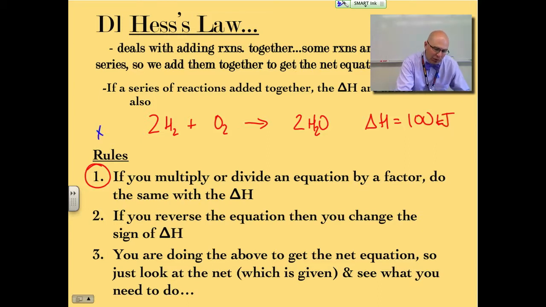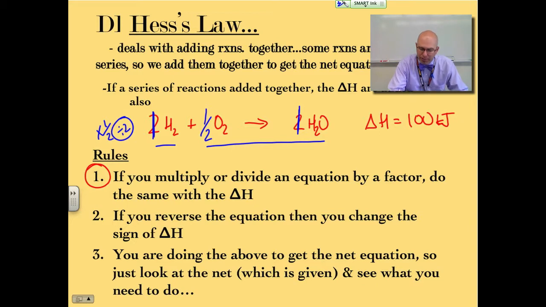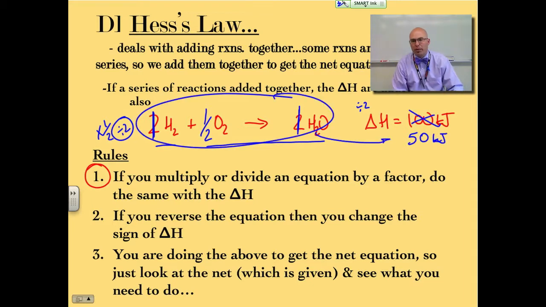If I multiply this by a factor, let's say a half, or in other words, divide by 2, 1H2, 1/2 O2. And again, we wouldn't be able to have 1/2 O2, but you'll see how this can get looked at as we move forward. And then 1, so I've halved all my reaction. I would do the same to my delta H. So in this case, for this reaction, the delta H would be 50. So that's the first rule.